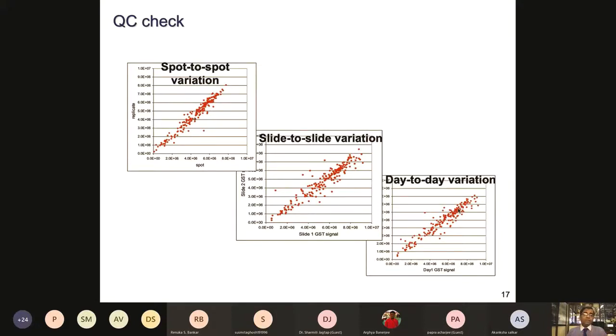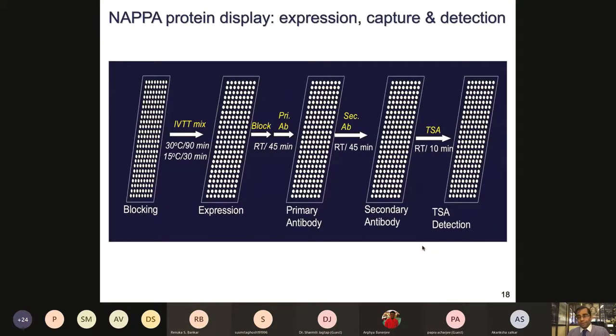You should make these plots to find out whether they show very tight CVs, and then you're good to go for the actual biological experiment. So I hope you're getting an idea that before you start your first biological experiment, a lot of things have to be looked into in the quality control parameters.